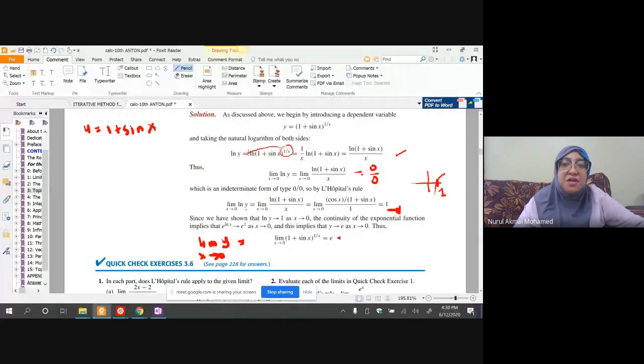The exponent of ln y gives you y. For the right hand side, it is the exponent of 1, that is e to the power of 1. That's why it is e.